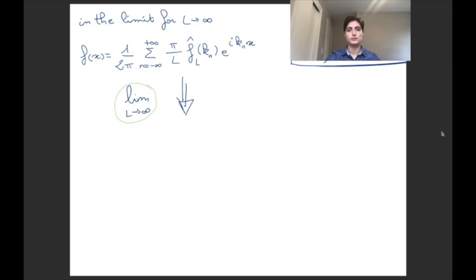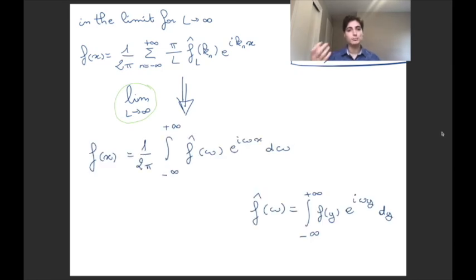So we can take this to infinity. Then we can replace the infinite sum by an integral between minus infinity and plus infinity of the element we were taking the Riemann sum of. So there is this f hat omega e to the i omega x d omega.